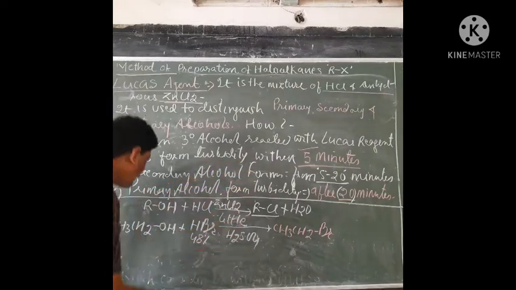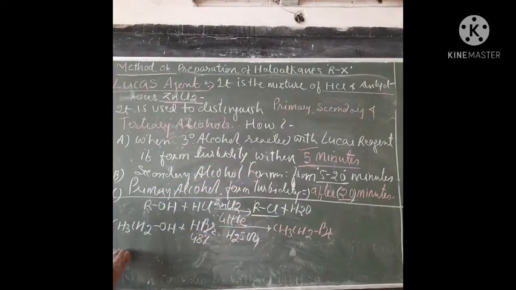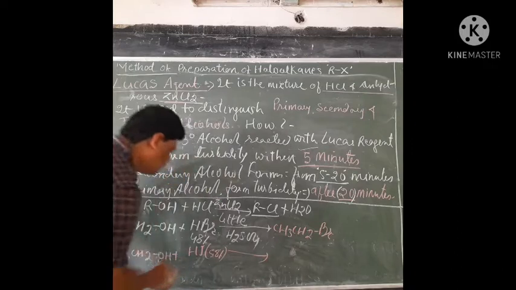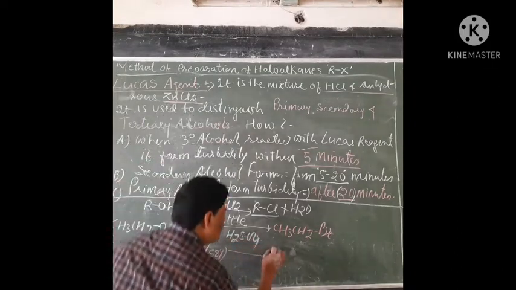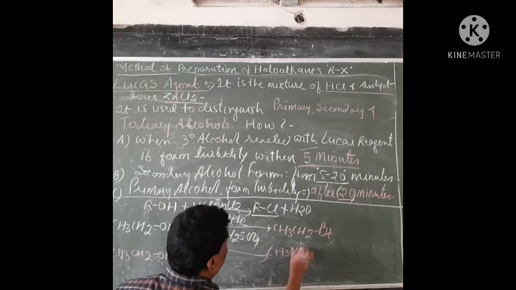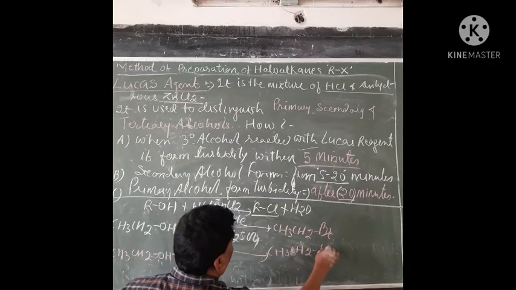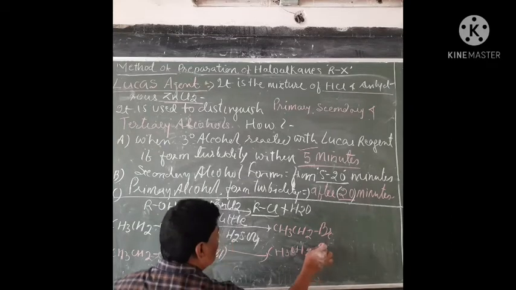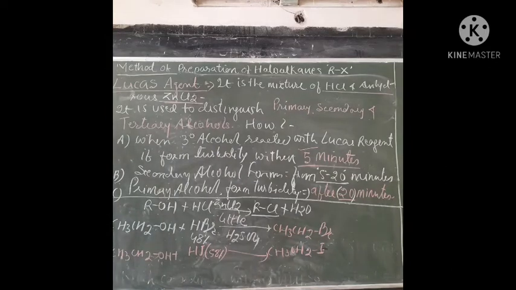Okay, but if you prepare iodoalkane, then CH3CH2OH is reacted with HI acid. This is 58% HI acid. Okay. So with HI it forms CH3CH2I, that is iodoalkane.